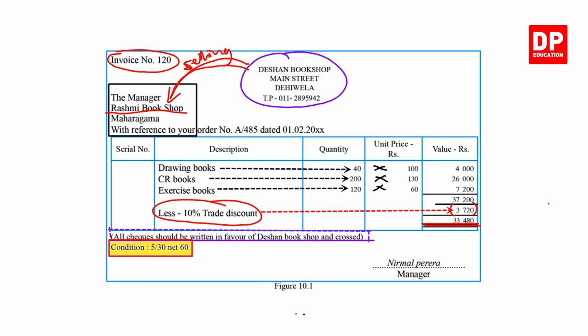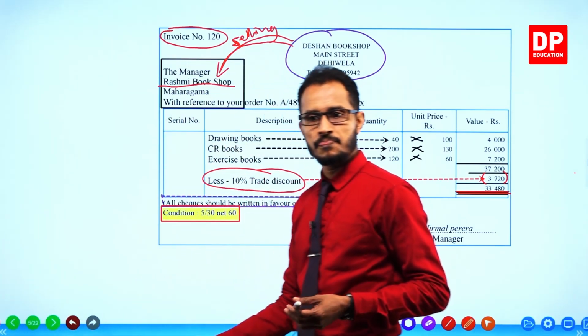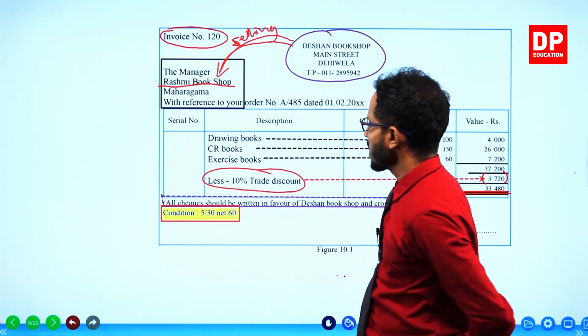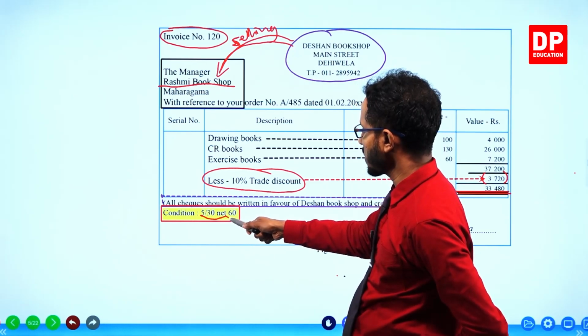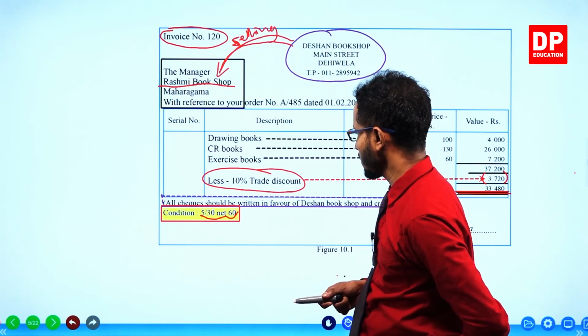Can you see it now? It says 5/30 and net 60.